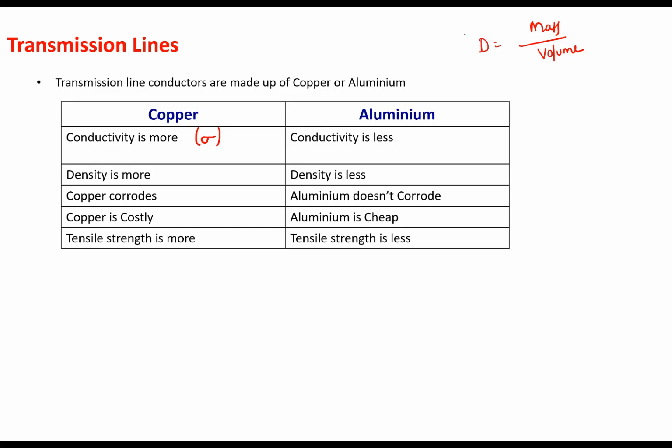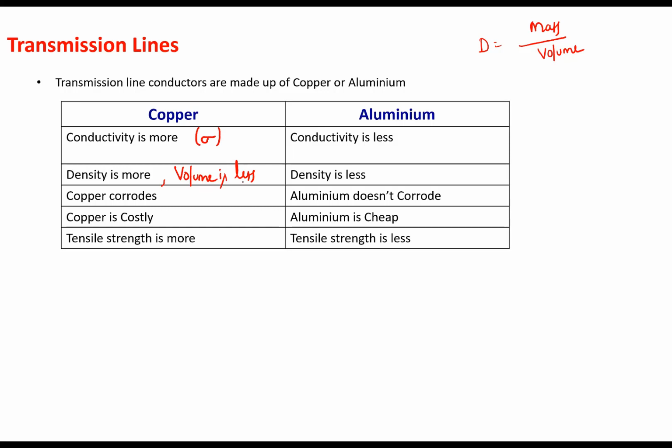So density is more means it is a heavier material. If you purchase 1 kg of copper, the volume you get is less. Density more means volume is less for the same mass. Next, copper corrodes when it reacts with oxygen and moisture.